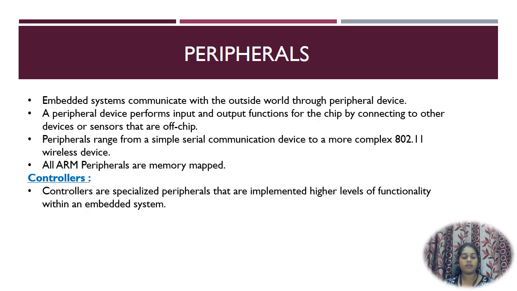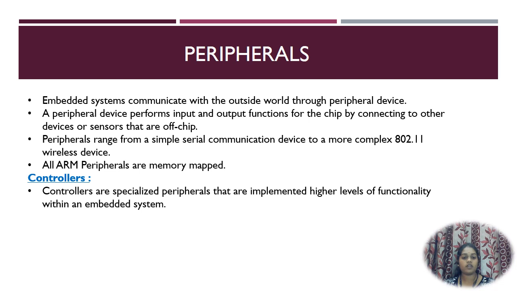Peripherals. The embedded systems communicate with the outer world through the peripheral devices. The peripheral devices perform input and output functions and are connected to devices and sensors that are off-chip. The peripherals range from simple serial connections to more complex ones such as 802.11 wireless devices.